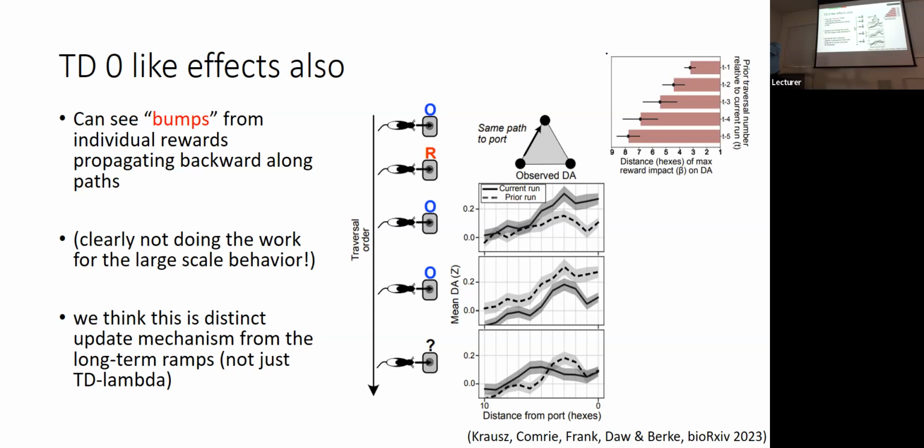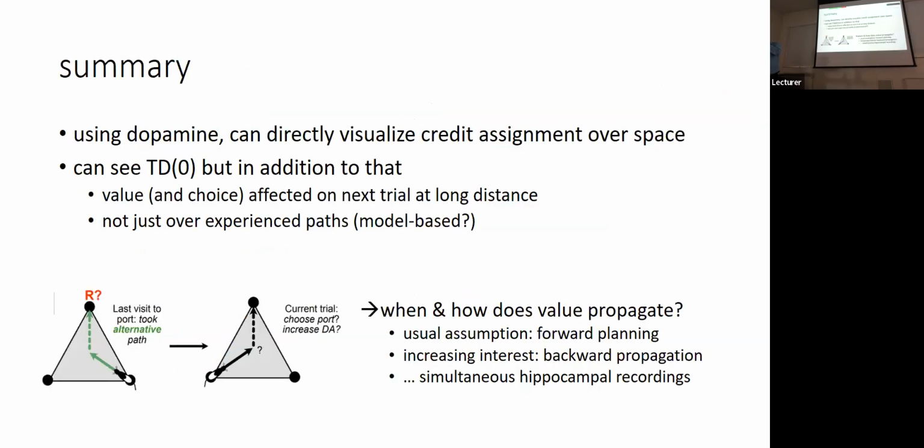Okay, so that's what we've seen, and we have also fit models to this and so on. But I think what's nice about this is that using this dopamine ramp, we can really directly visualize the spatial credit assignment, and we can really see this TD0 effect that's been so hard to see, if it was really real, and the literature is very mixed on it.